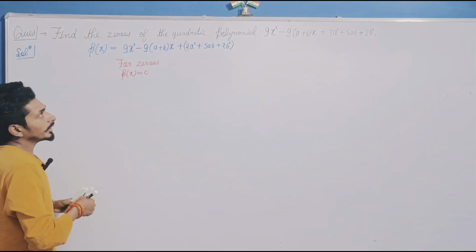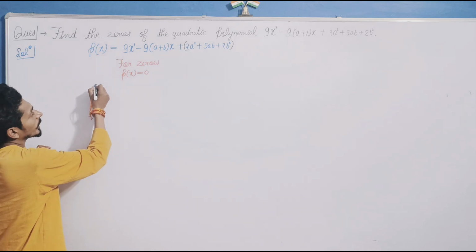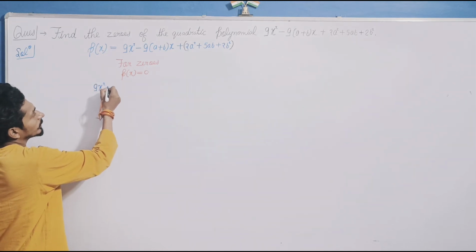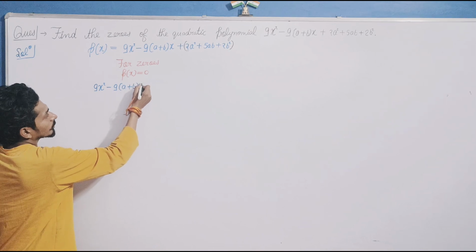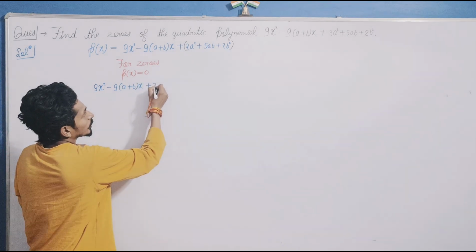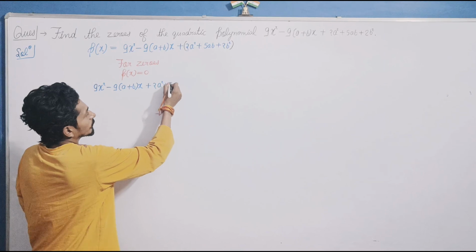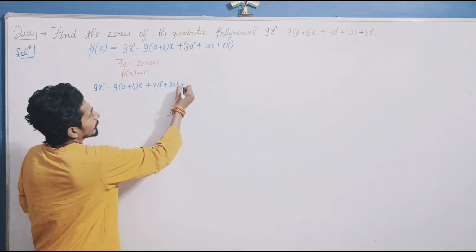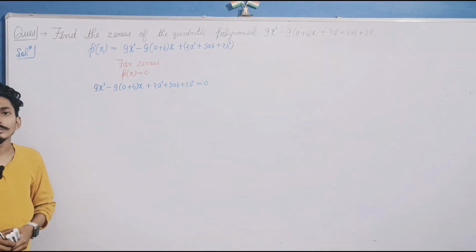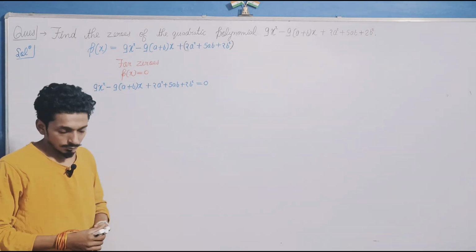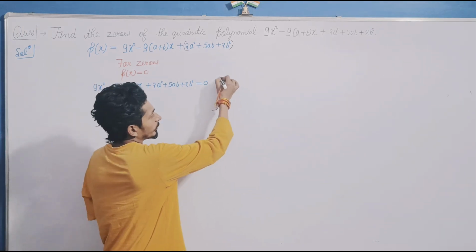Yes or no? Here we can put the value of p(x), that is 9x square minus 9 into (a plus b) into x plus 2a square plus 5ab plus 2b square is equal to 0. Yes or no?